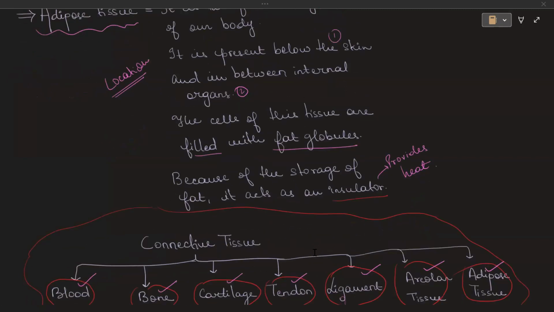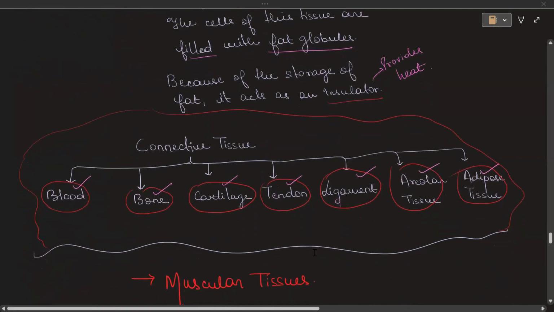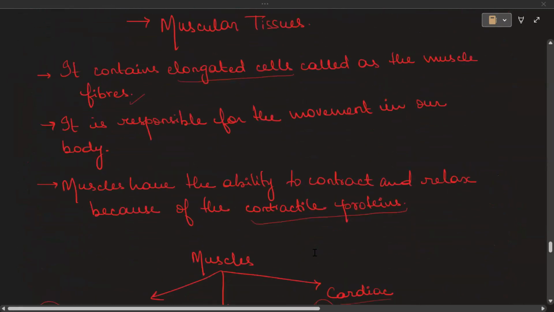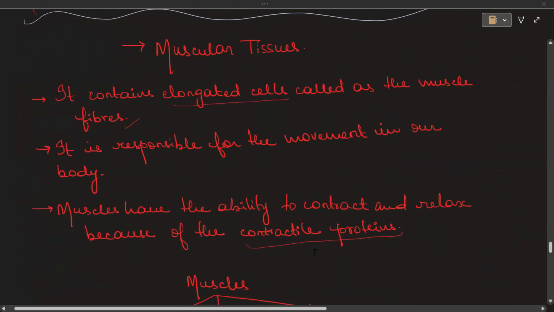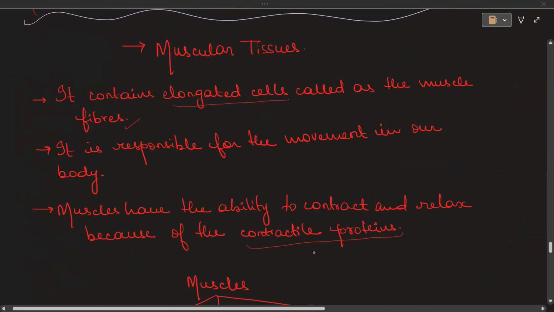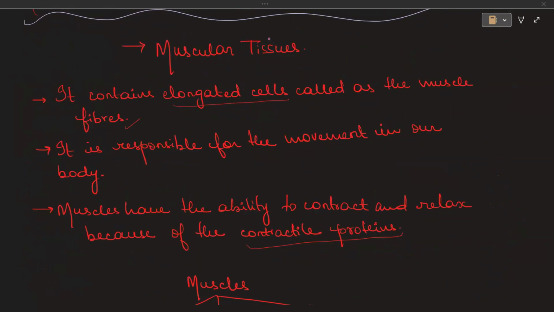Okay. So now connective tissue has been done. Now let us talk about the next type of tissues, that is muscular tissue, meaning muscles. It contains elongated cells which are known as muscle fibers, and it is responsible for the movement in our body.